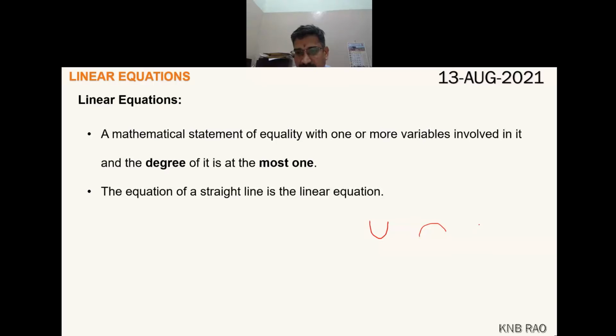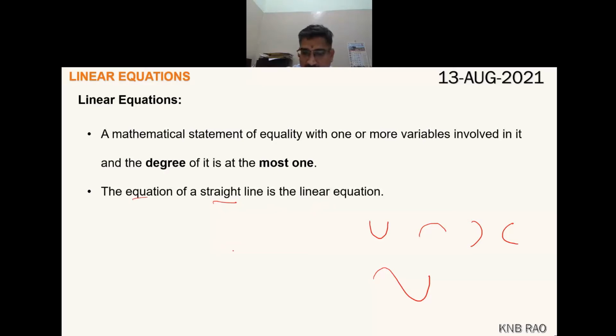The graph of a cubic equation will be like this, with two bends. So people may define it using the graph also: if the graph of an equation is a straight line, then it is called a linear equation.